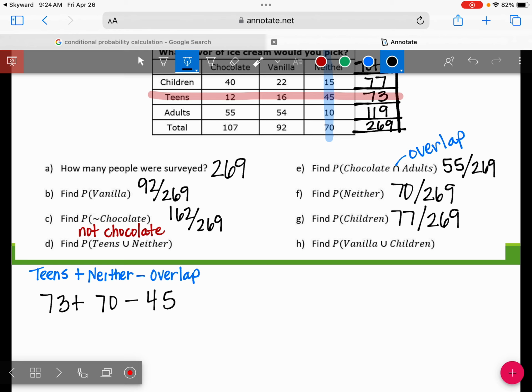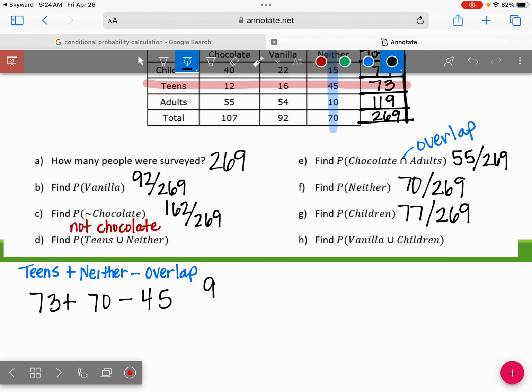And I believe I erased it, but did you all get 98? Okay, so it would be 98 over what though? 269.